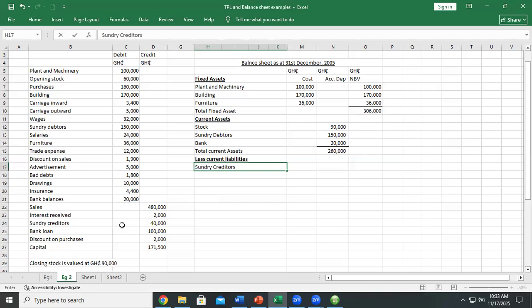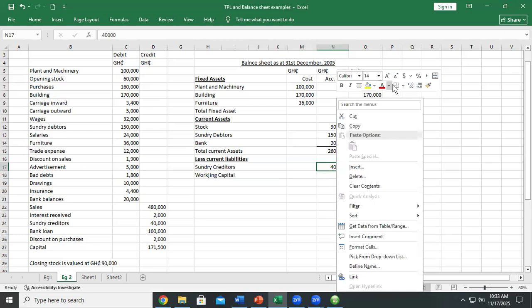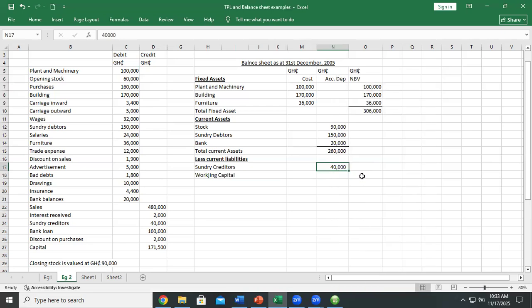That is how much? 40,000. Apart from that, do we see any other current liability like overdraft or anything? No. So it's just the creditors again. So we put it here, 40,000, and subtract from the current assets to get the working capital, which will be, I think, 220,000.